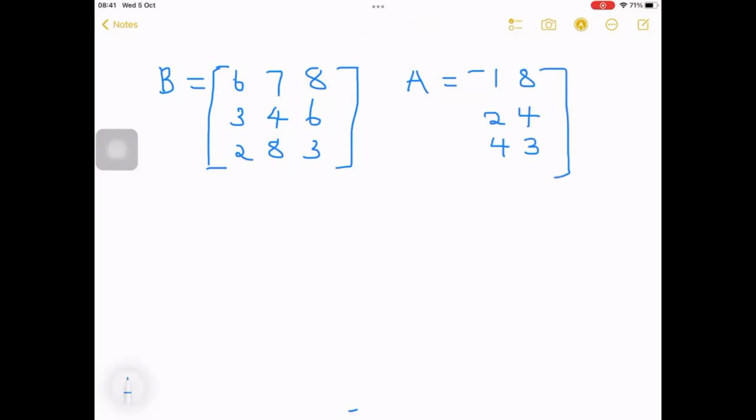So let's multiply the two and see what we are going to get. We start with a row and then the first column, again the row and the second column, and then from there we go to the second row. All right, so let's start.